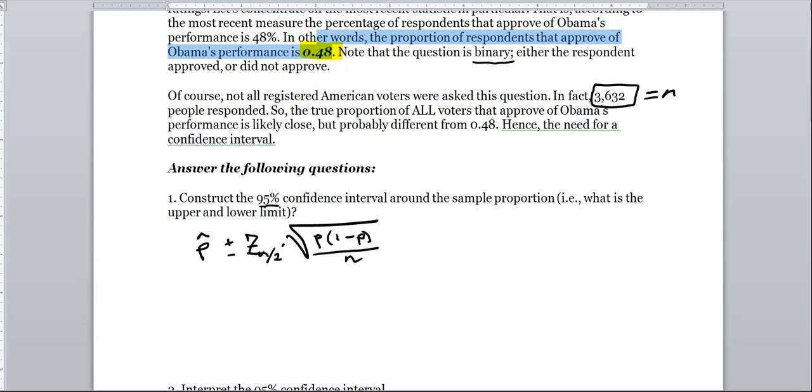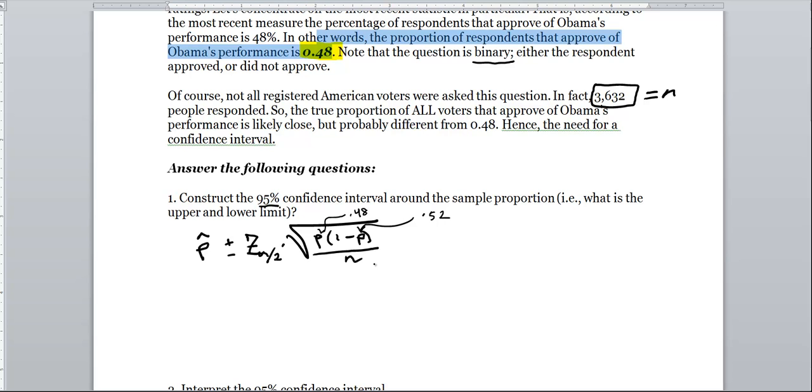And what we plug in here is based on our sample results. So we had 48% or 0.48, and 1 minus that would be 0.52.